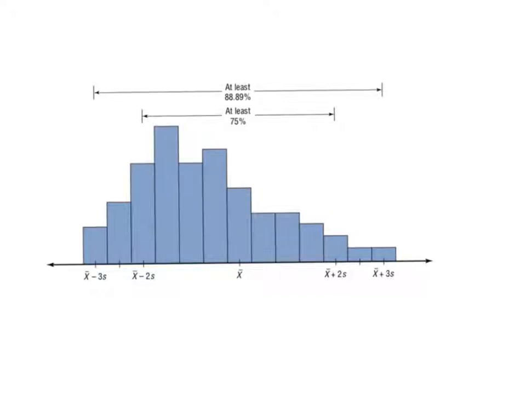Now, what this graph represents is that this is the mean here in the middle. And if you noticed on the very first page of these notes, the mean was always in the middle of the graph.